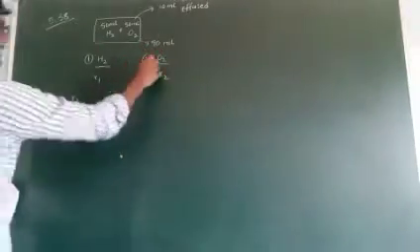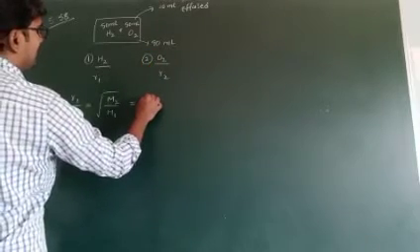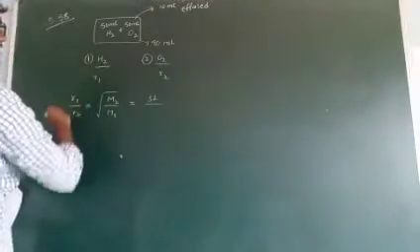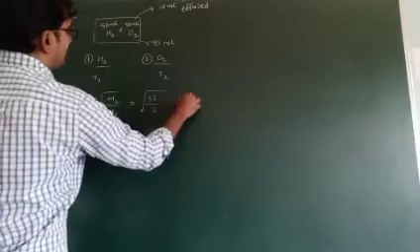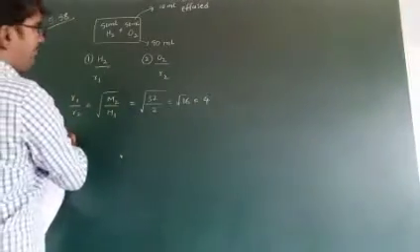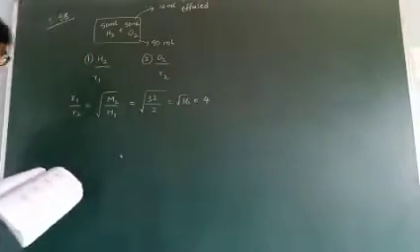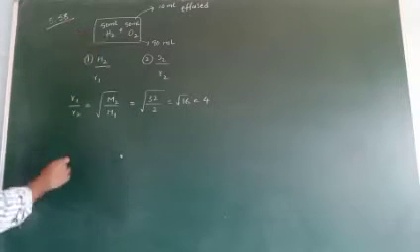So M2 means second gas, the molecular weight of O2, 16 twos are 32, by M1, first gas H2, 2 ones are 2. So root 16, which means 4. So R1 by R2 for H2 and O2 gas is 4. We know that it is very clear.